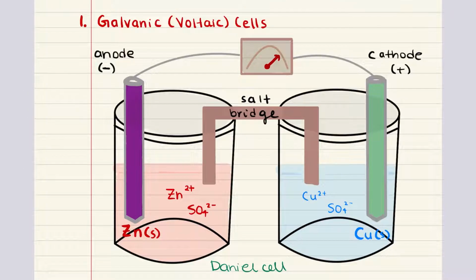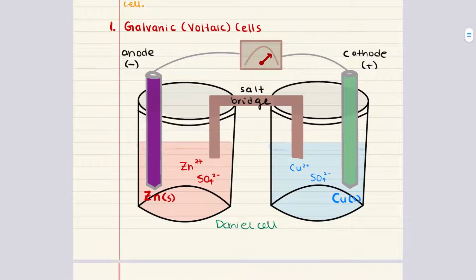In a Daniell cell, the setup includes 2 electrodes and an electrolyte solution for each. The anode, where oxidation occurs, is made out of zinc. During the reaction, zinc metal loses electrons to form zinc ions, and these electrons are then released into the external circuit. On the other hand, the cathode, where reduction takes place, is made out of copper.